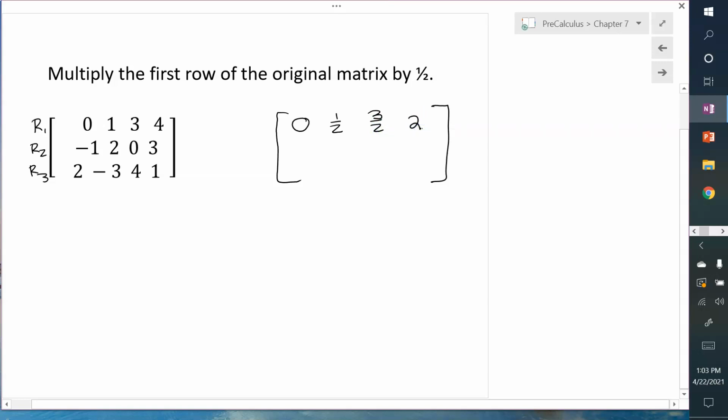And then we didn't make any changes to the other rows. So -1, 2, 0, 3, and then 2, -3, 4, 1. So that's our new matrix. And these are called row equivalent.